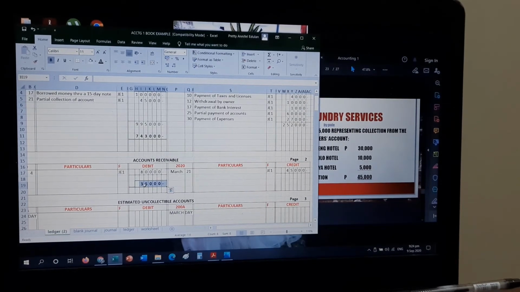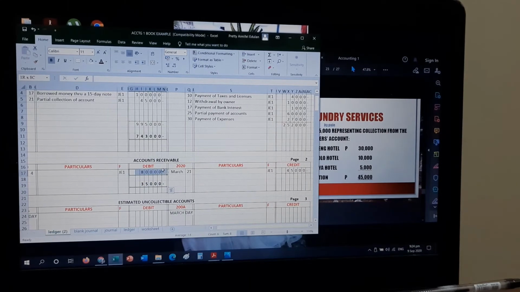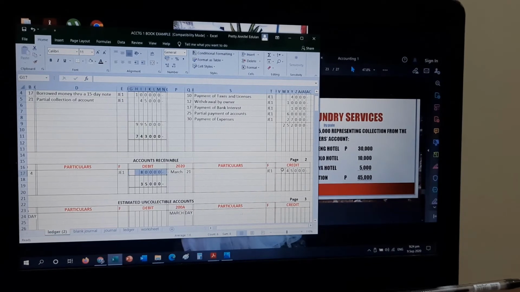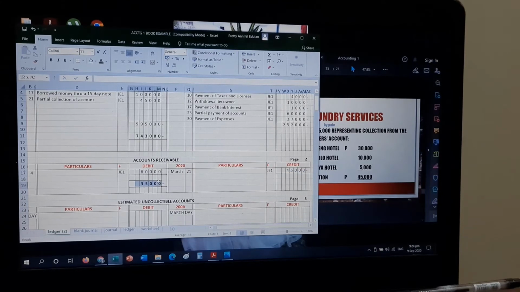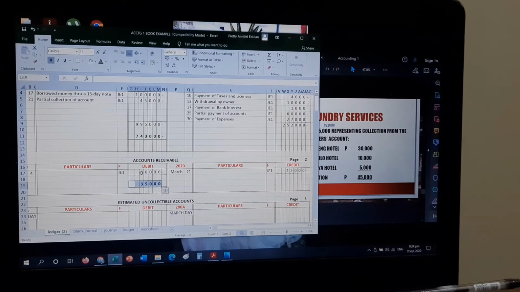Why? Show me the other transactions. So here, on March 4, I have a debit of 80,000. Then on the credit side, 45,000 on March 21. Then it becomes 35,000. What happened? You would simply say, on March 4, it could be that you rendered services, then they did not pay you. The amount was 80,000. Then by March 21, some of your customers paid you 45,000.